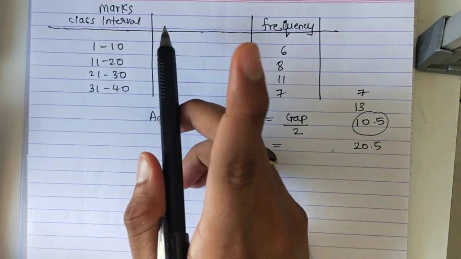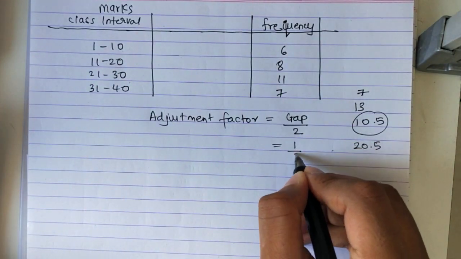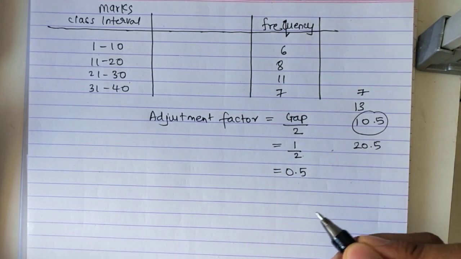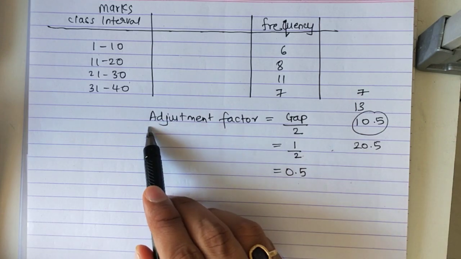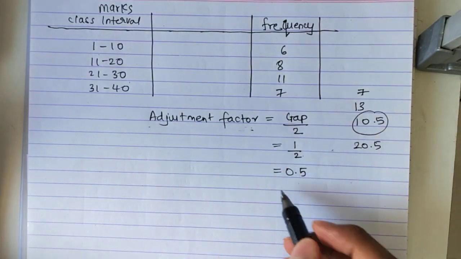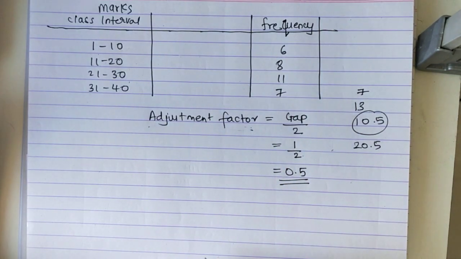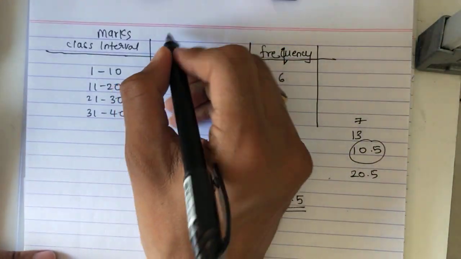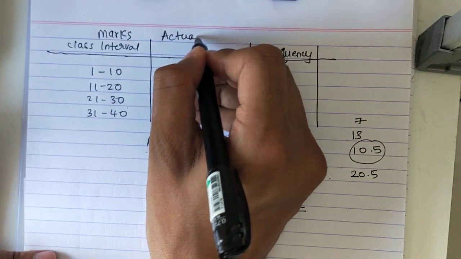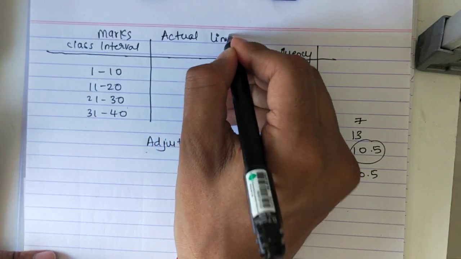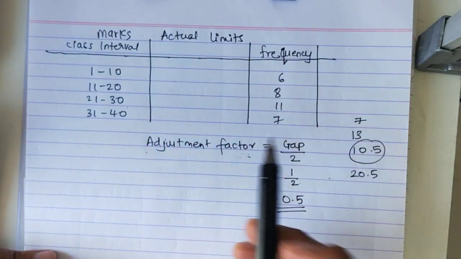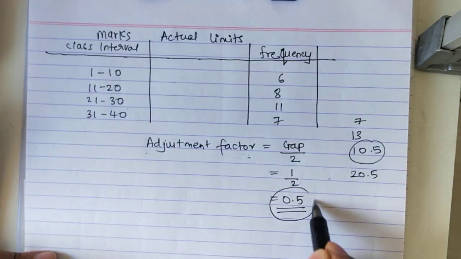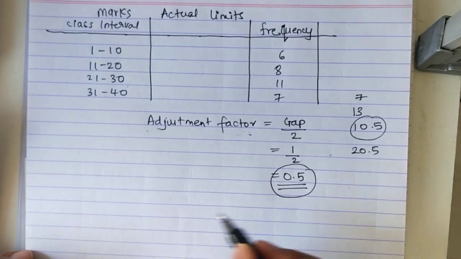From 10 to 11 the difference is 1. So I'll write 1 upon 2. 1 upon 2 is 0.5. So the adjustment factor is 0.5. Now how to use it? I'll write here how to use this adjustment factor.